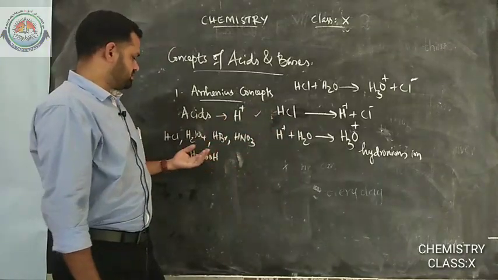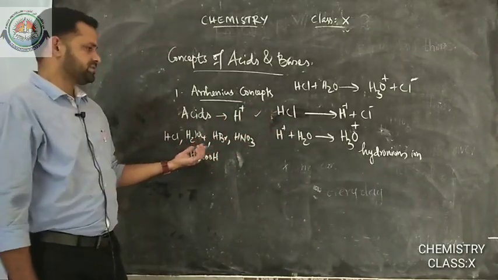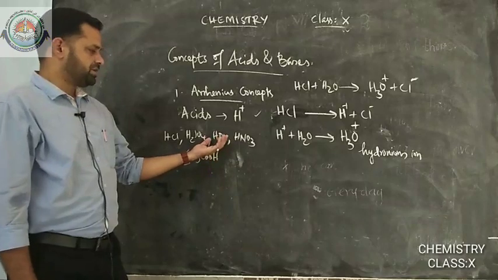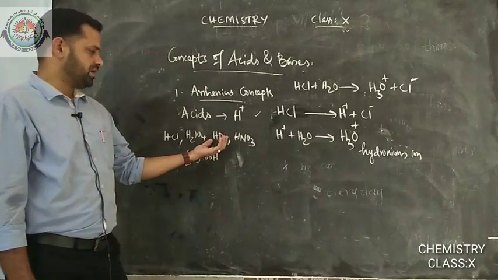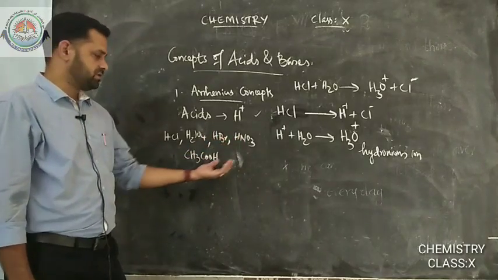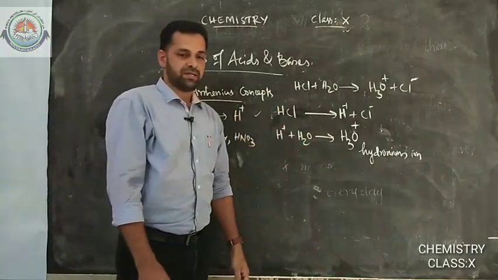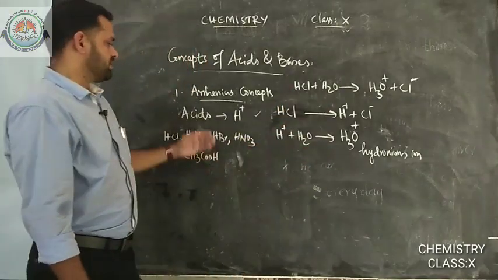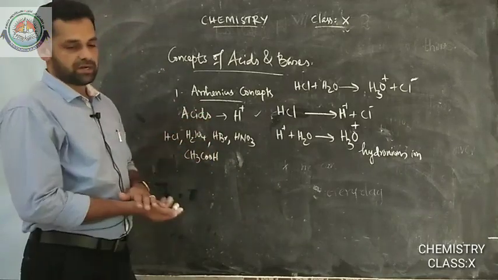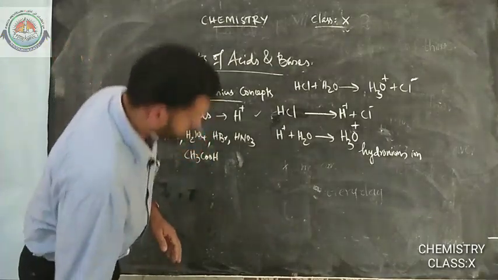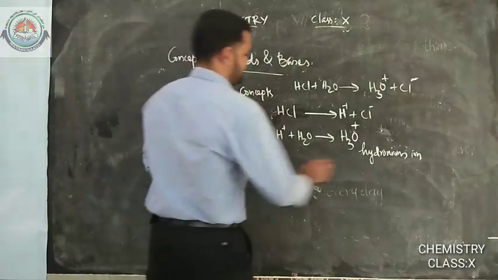So, all these acids, that is sulfuric acid, HBr, HNO3, acetic acid, all acids furnish H plus ion in aqueous solution. They are called acids according to Arrhenius. Now, what are bases?